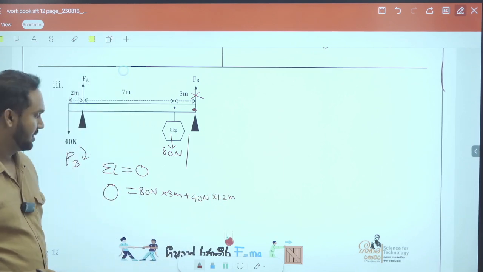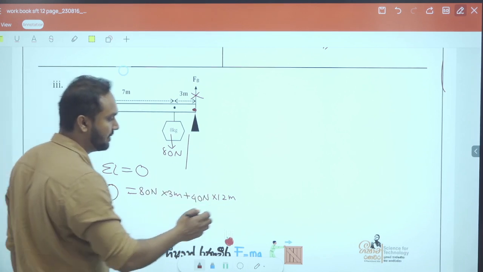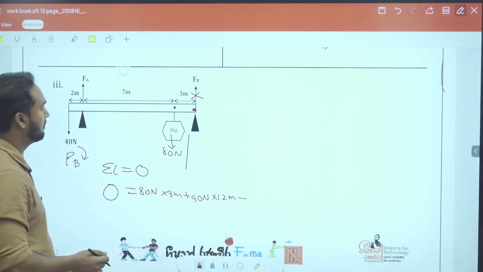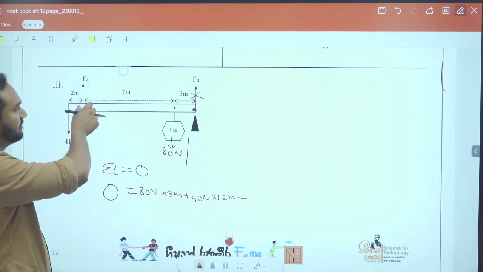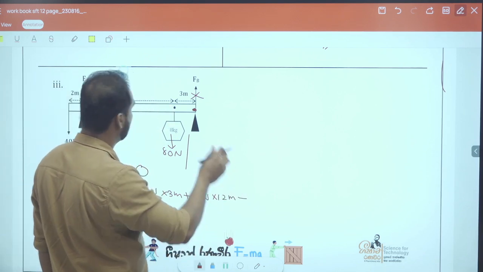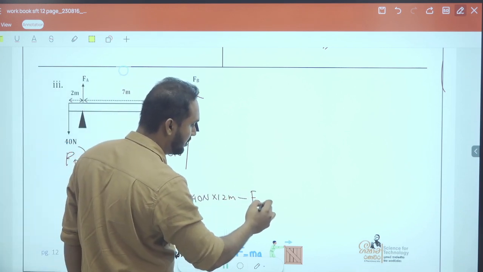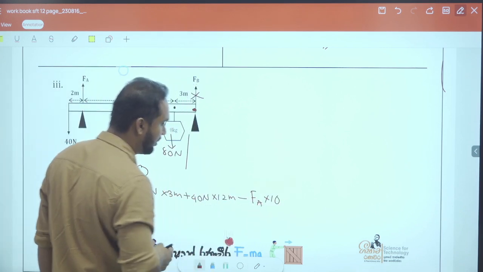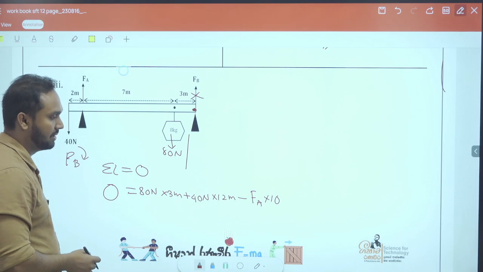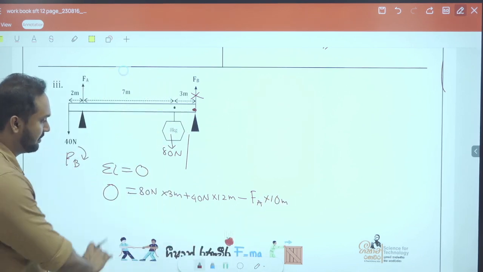Yes, right. Now all the anti-clockwise moments are finished. Now the clockwise ones. Only FA is acting clockwise, right? So minus, it is acting at 10 meters, FA into 10 meters. So now only the unknown factor is FA, right? So simplify it, you will get the FA value.